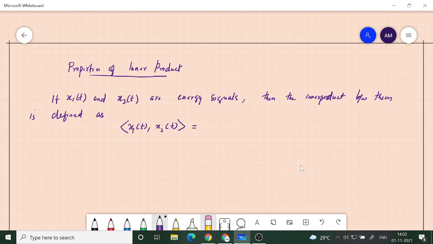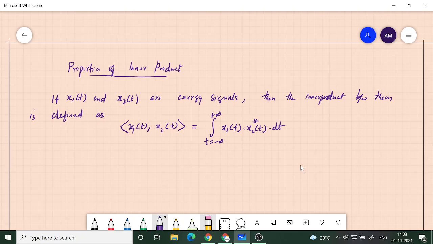We denote the inner product using this symbol. So this is a notation, a way we write the inner product, and the definition is the integral, t going from minus infinity to plus infinity, of the first function into the complex conjugate of the second function dt.